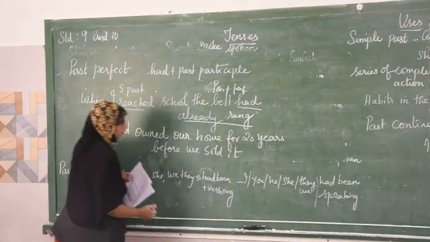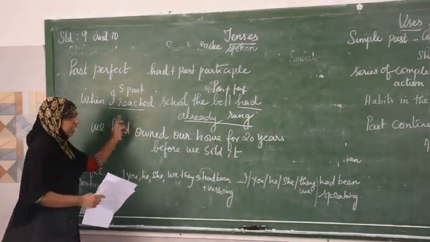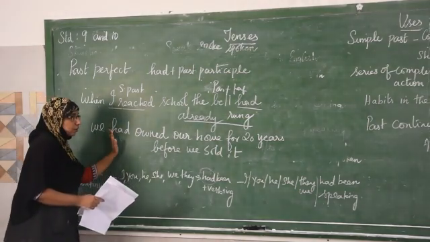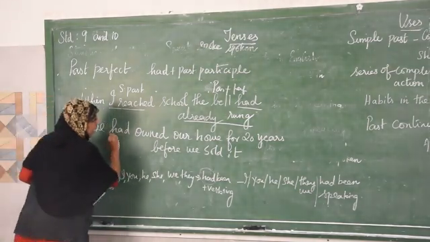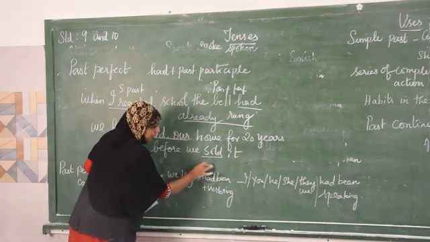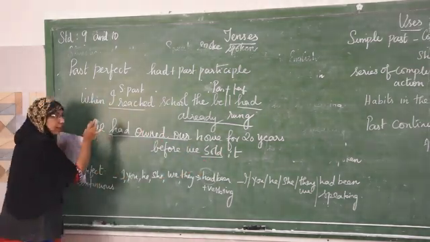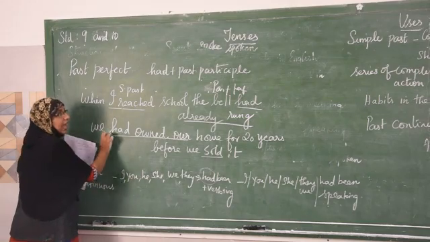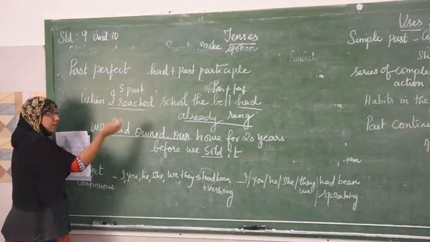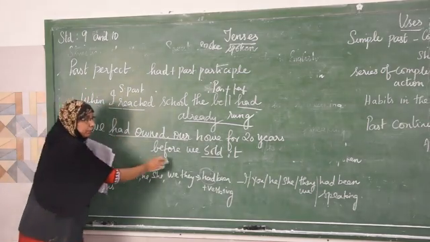Now again, both the actions are taking place in the past. Had owned a house, sold it. Both are in past tense. Now, here which action has taken place earlier? Had owned a house for 20 years. For 20 years you were owning it, before you sold it.